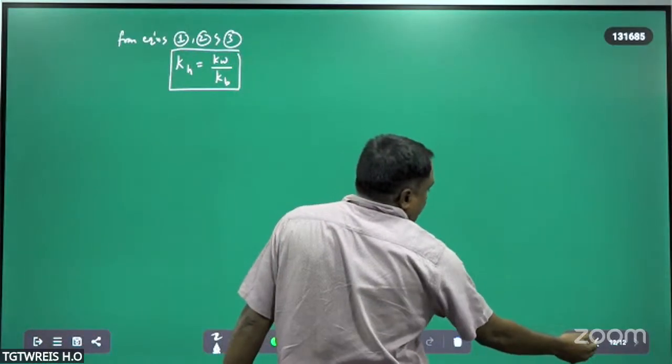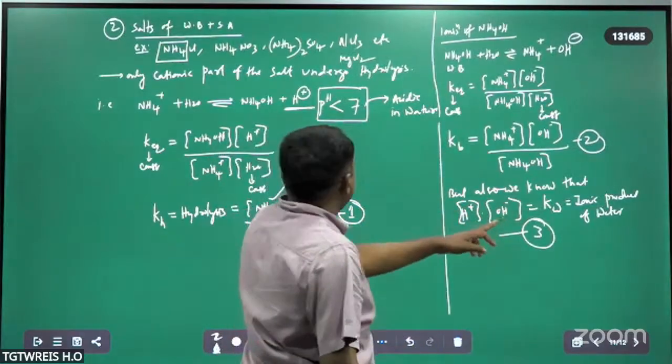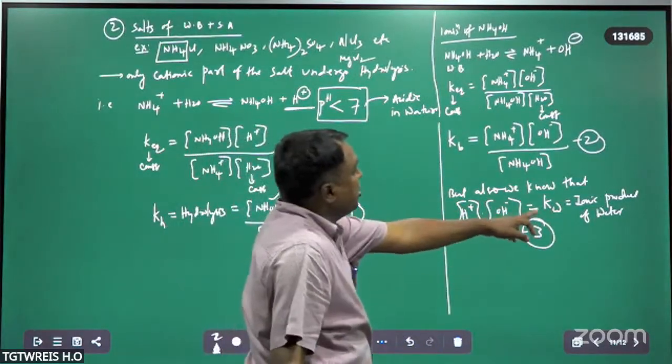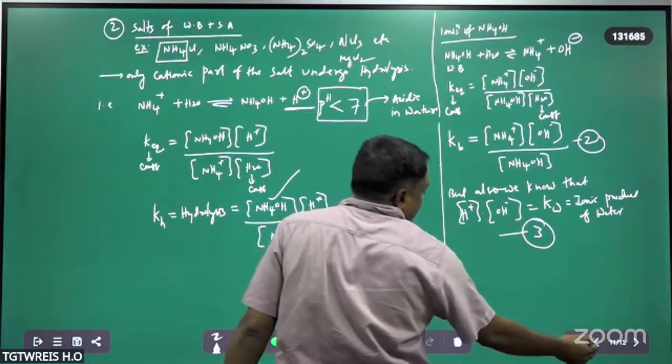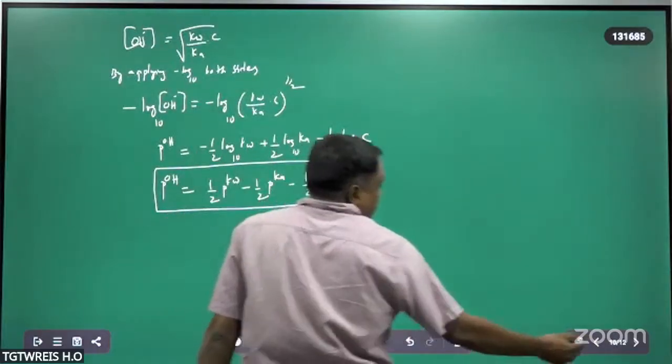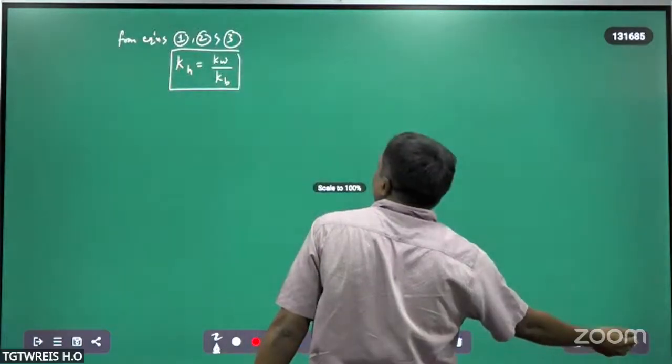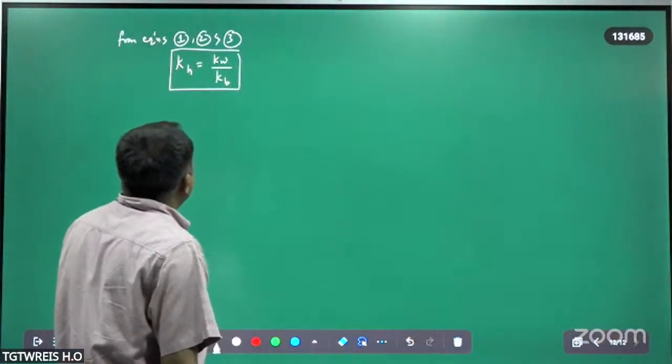What is Kb is this one, KH is this one, Kw is this one. Therefore, KH is equal to Kw by Kb.